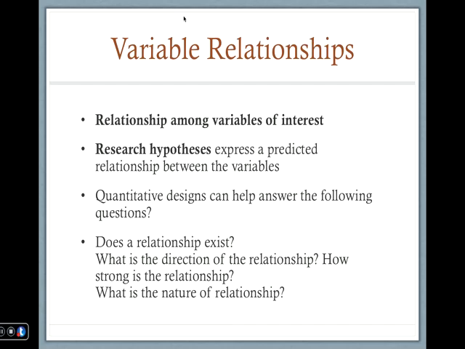It can be either two-tailed, we don't know which direction it will be, so there is a relationship, or it can be one-tailed. There will be a positive relationship between X and Y, indicating as X increases, Y will increase. Or there will be a negative relationship. As X increases, Y decreases.